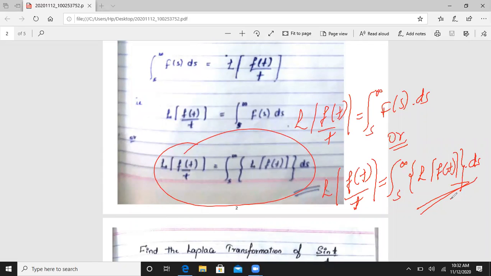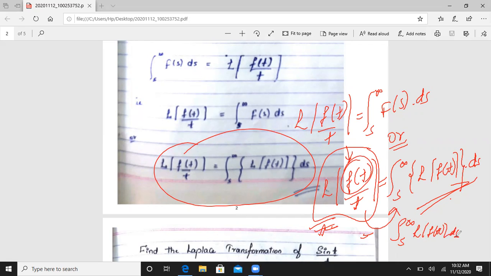So wherever we get a function divided by t, at that time we use this property: the Laplace transformation of any given function divided by t, we write as integration over s to infinity of the Laplace transformation of f of t with respect to ds.